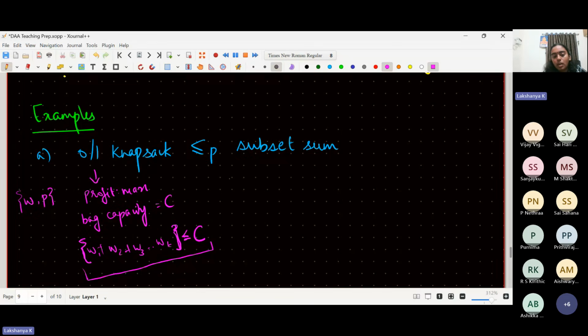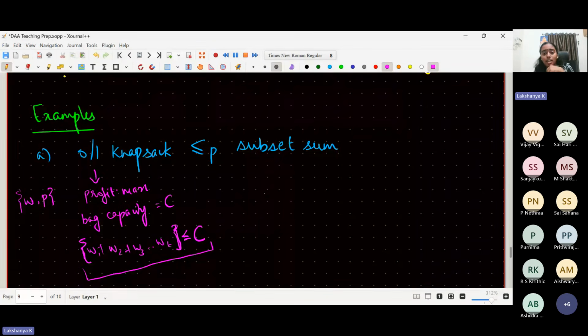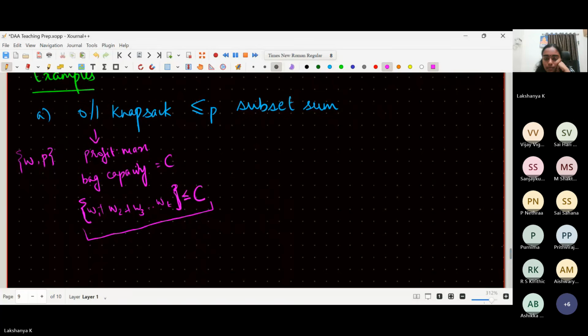So now, how is this related to subset sum? Subset sum, okay, I'm sorry. Are you guys aware of the subset sum problem? I don't think you would have come across it in your syllabus, but anyone who came across it while preparing for something?